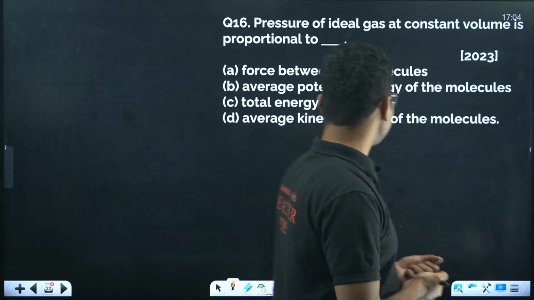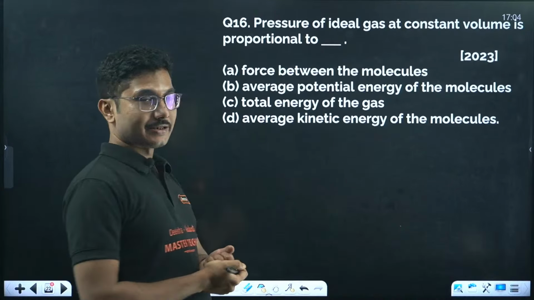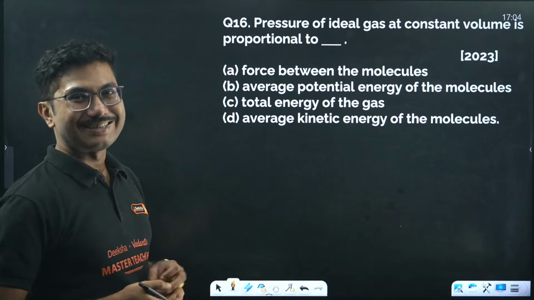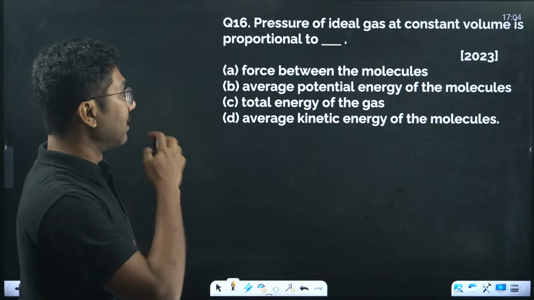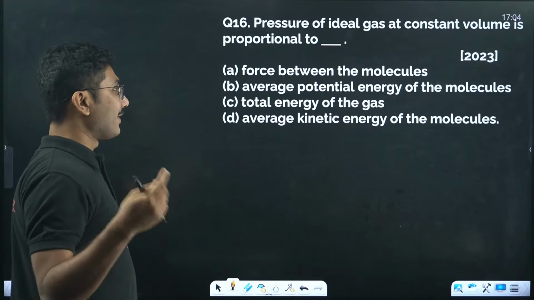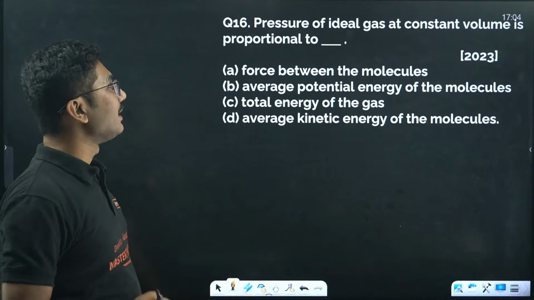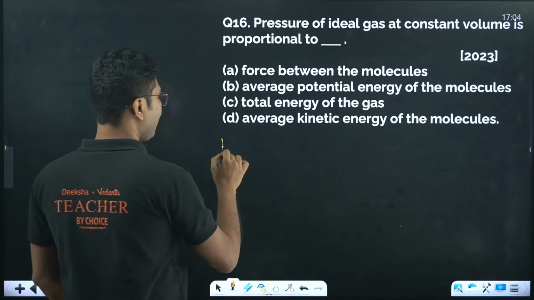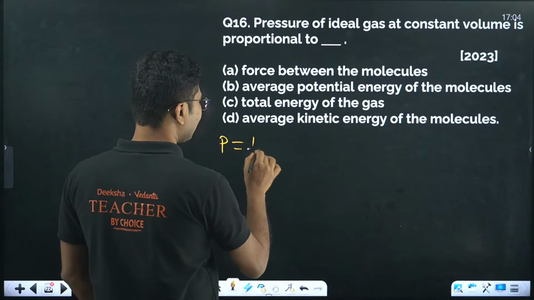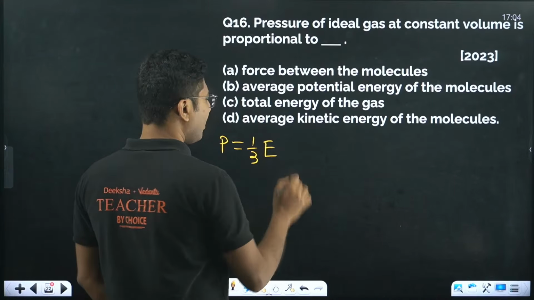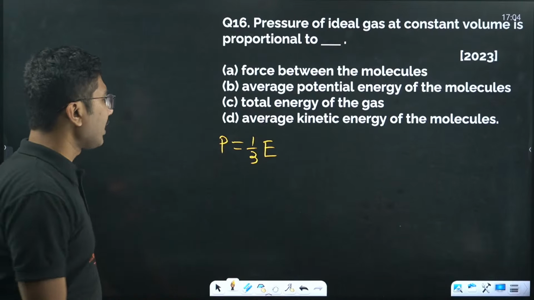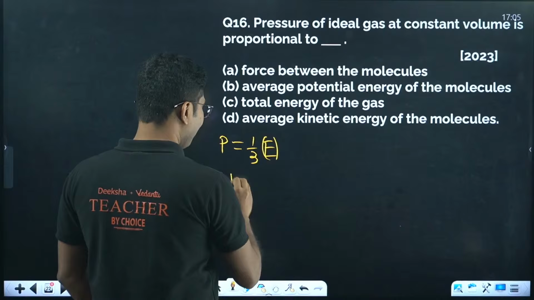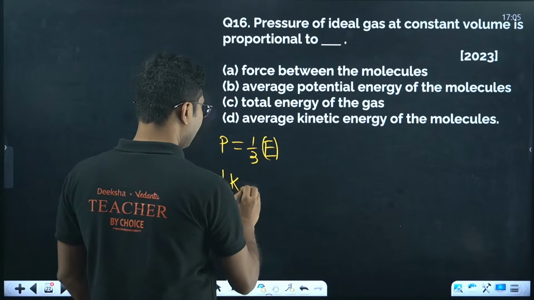So now let's see this question. Total energy of the gas. Now remember that equipartition of energy states that the average energy is actually related to pressure. Pressure is, I think, one third of energy, and this energy is the mean energy, that is half kBT.